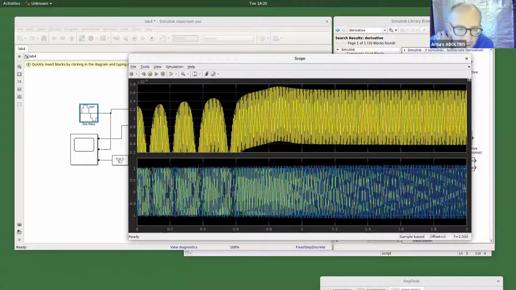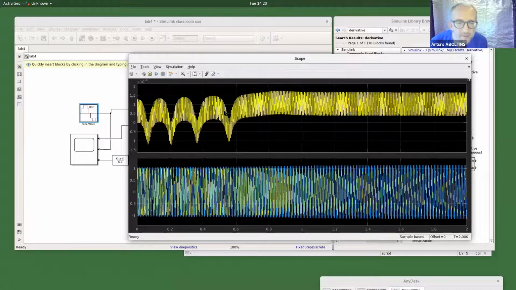You see how this PLL jumps before synchronization, and here it goes to some stable state. So this takes like 0.6 seconds to acquire synchronization to the reference signal.